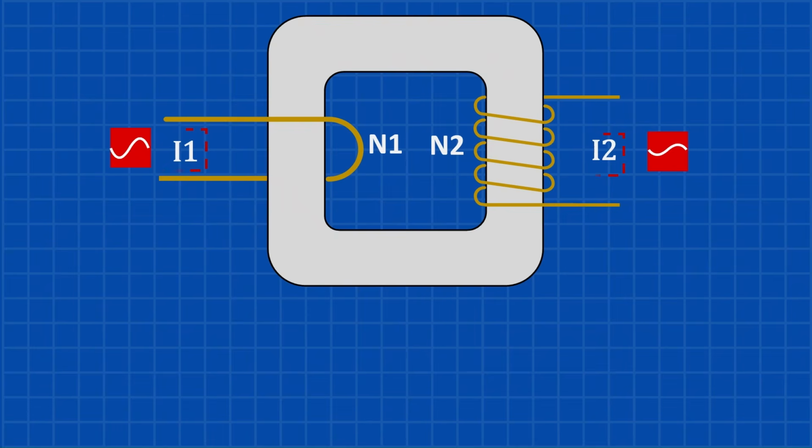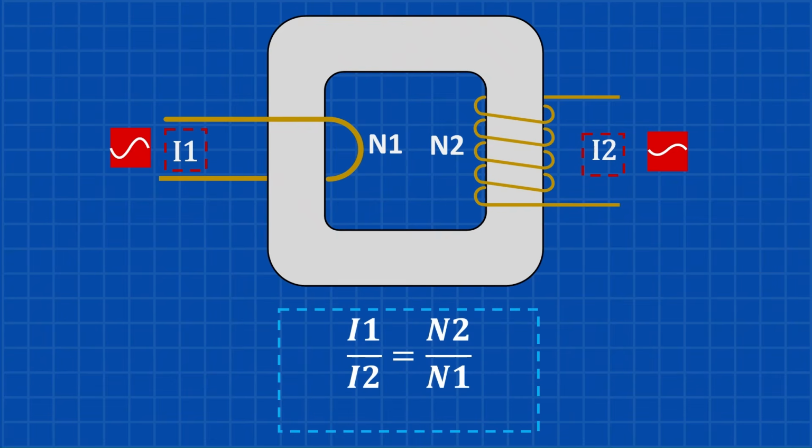A current transformer works on the same principle as a standard transformer, but instead of stepping down voltage, it steps down current. The primary side is simply the conductor passing through the CT, while the secondary is the winding inside it. When current flows through the primary conductor, it creates a magnetic field, and that magnetic field induces a current in the secondary winding.